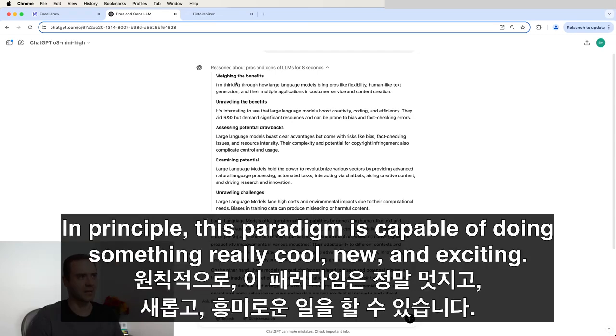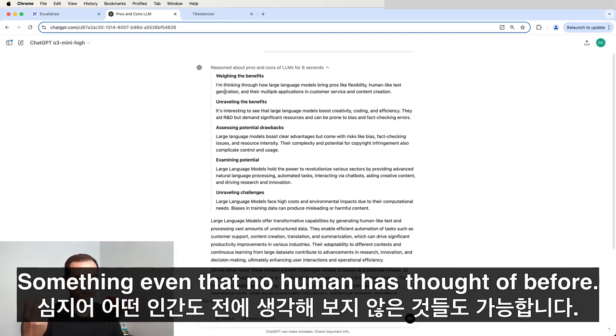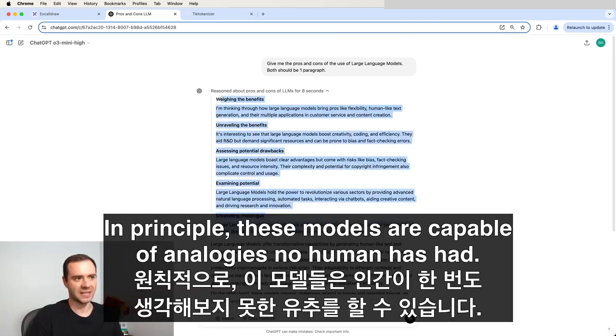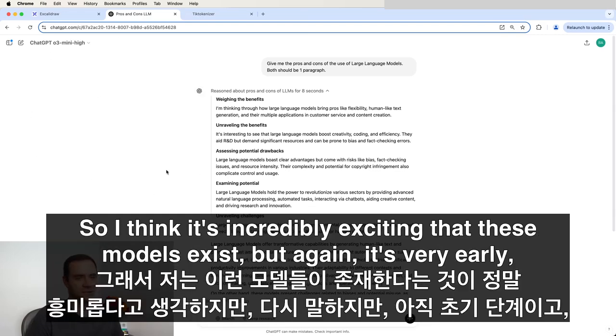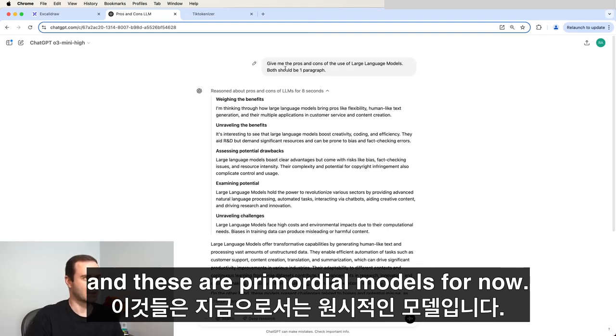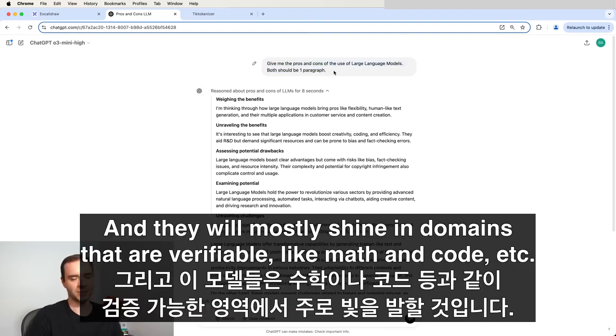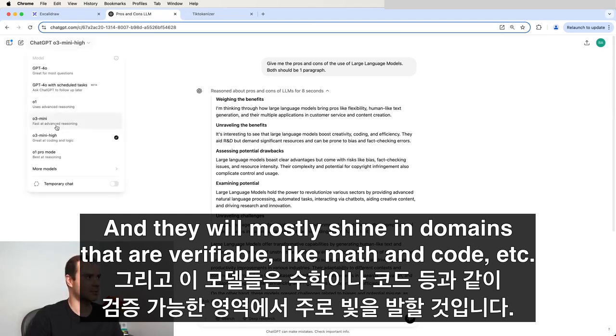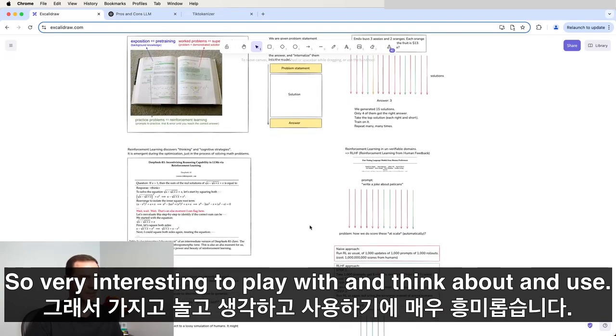In principle, this paradigm is capable of doing something really cool, new, and exciting, something even that no human has thought of before. In principle, these models are capable of analogies no human has had. So I think it's incredibly exciting that these models exist, but again, it's very early, and these are primordial models for now. And they will mostly shine in domains that are verifiable, like math and code, etc. So very interesting to play with and think about and use.